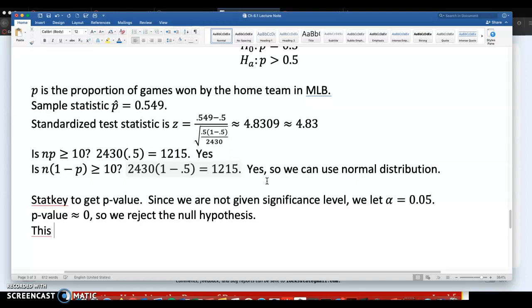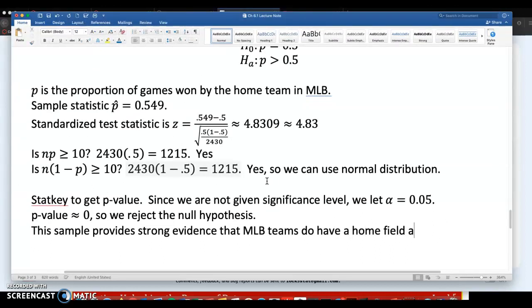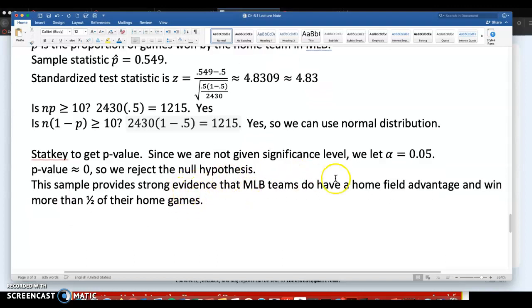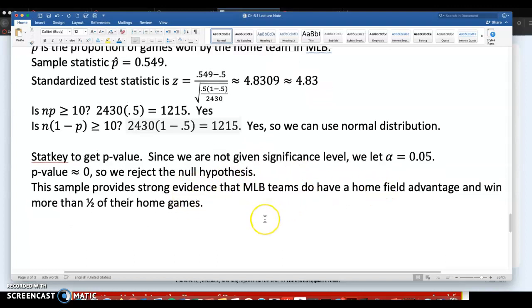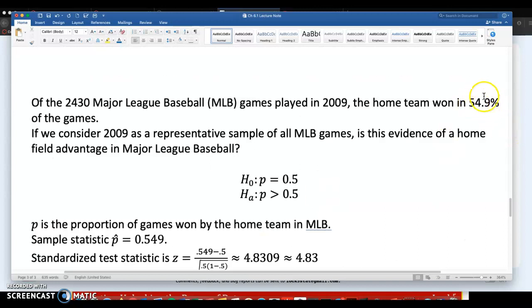So this sample provides strong evidence that Major League Baseball teams do have a home field advantage and win more than half of their home games. So strong evidence that there is a home field advantage. Now I'd argue here this is not a huge home field advantage. They only won 5% more. But with such a large sample size and about 5% more, greater than the null.